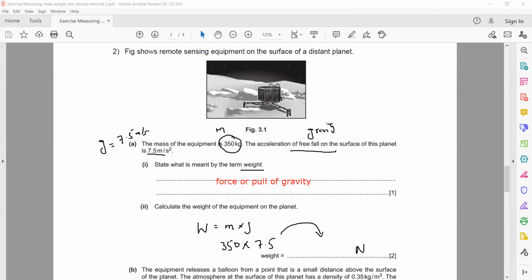So it will come out 2000. 350 multiplied by 7.5. What's the answer?